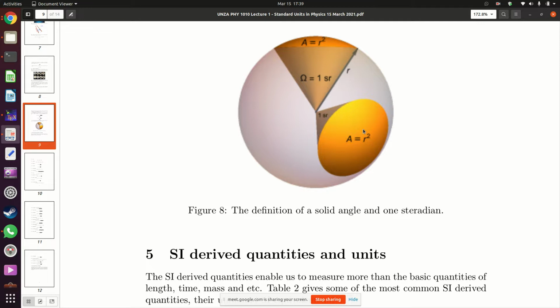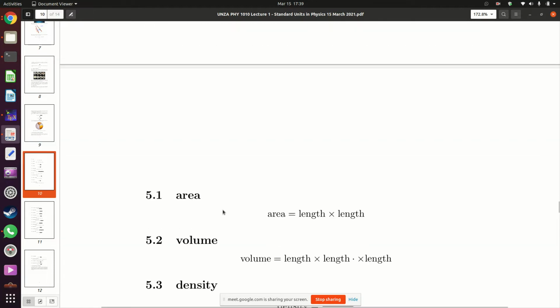So you select an area, then divide that area by the radius squared of the sphere it is part of. A very good example is those footballs with black and white patches. You select one of those patches, whether white or black, and the area of that patch divided by the radius of the ball squared gives you your solid angle.